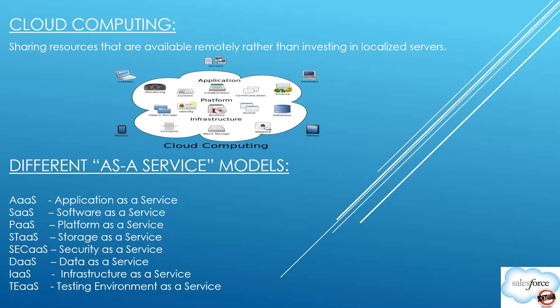With the advent of cloud computing, many companies are following as-a-service models. And what exactly is as a service? It means they provide it as a service: you pay me something per user on a per month basis, and I'll give you this as a service. So let's say you want 10 applications: a sales application, a service application, a marketing application, and so on.